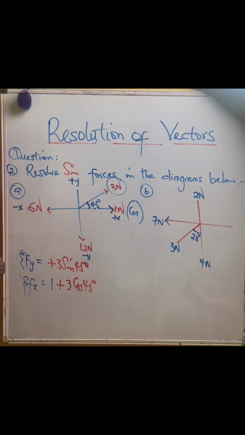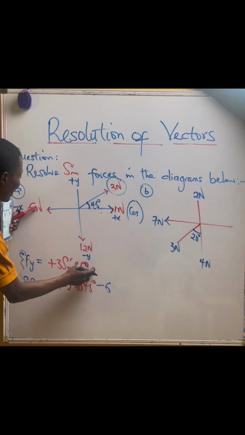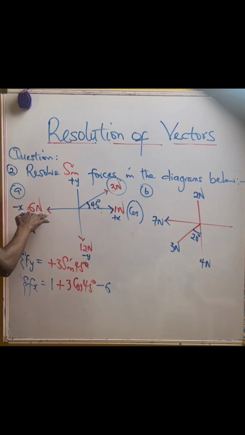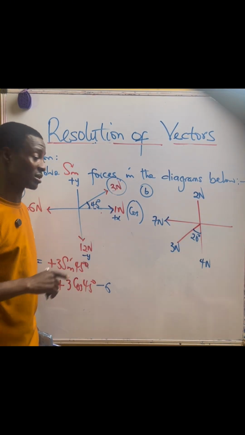Do you understand? So for the x-axis, I'm going to have minus 6 for this force. Do I need to add the minus 6 to the y-axis? No, you don't need it, because it is not a y component, neither is it a z component. It is purely x and it must be accounted for only in x.